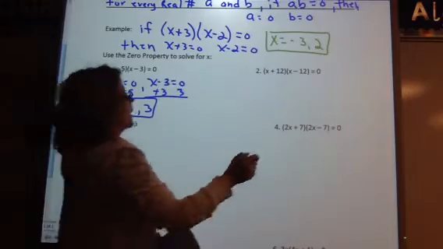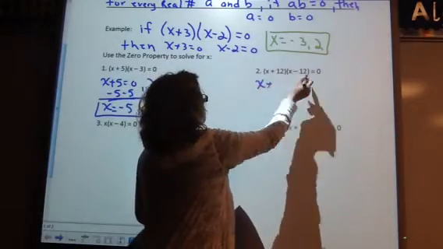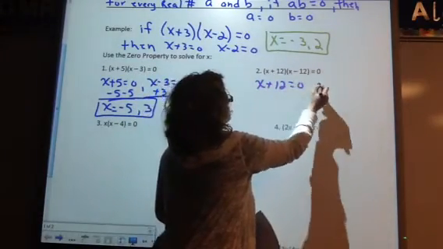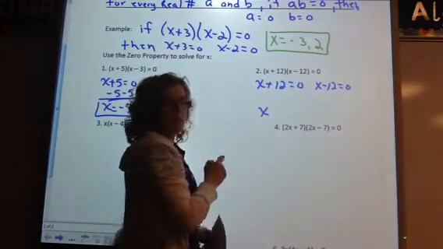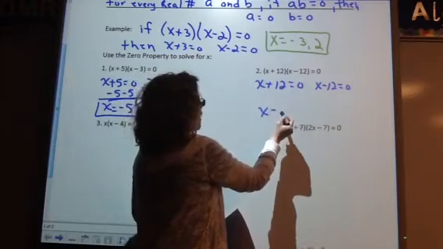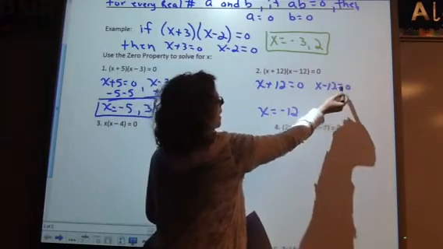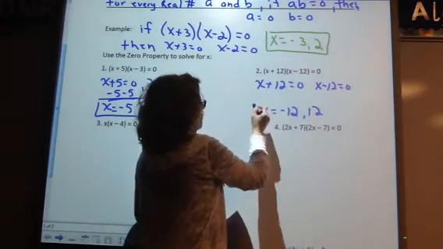Okay, on number 2, same thing. 2 binomials equal to 0, so set them separate. Okay, so when you solve these one-step equations, subtract 12 on both sides, you get negative 12. Add 12 to both sides, and you get 12.